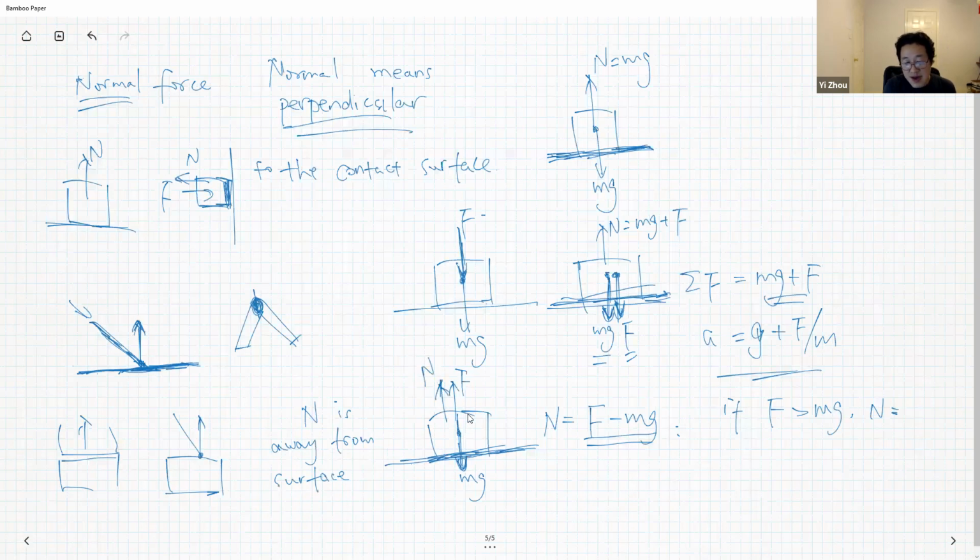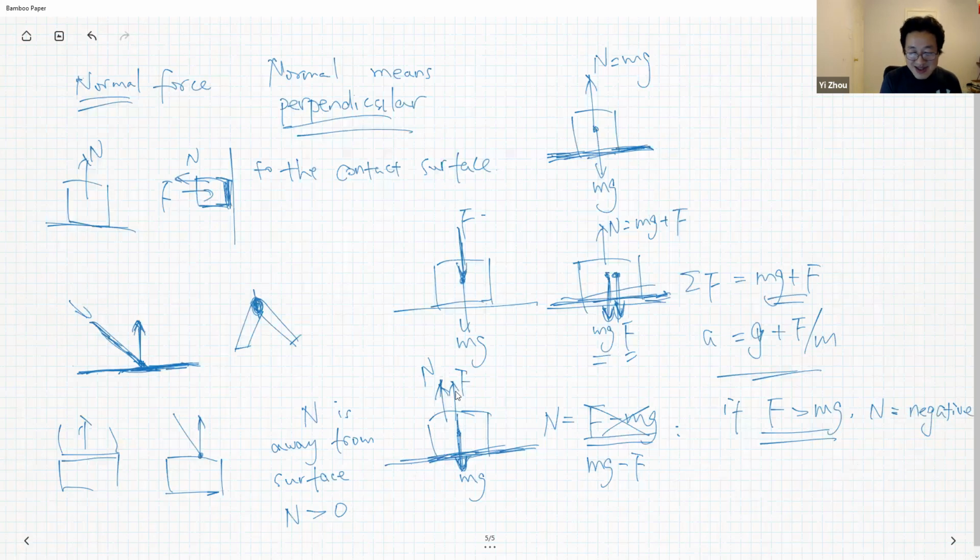Then look, in the up direction, we have a normal force and the force F. The down direction is mg, so the normal force should be mg minus F. So if F is greater than mg, then we get a negative normal force. So is it possible to have a negative normal force? No. It's not possible, because this force actually will lift up this box, right? Because the normal force must be greater than 0.